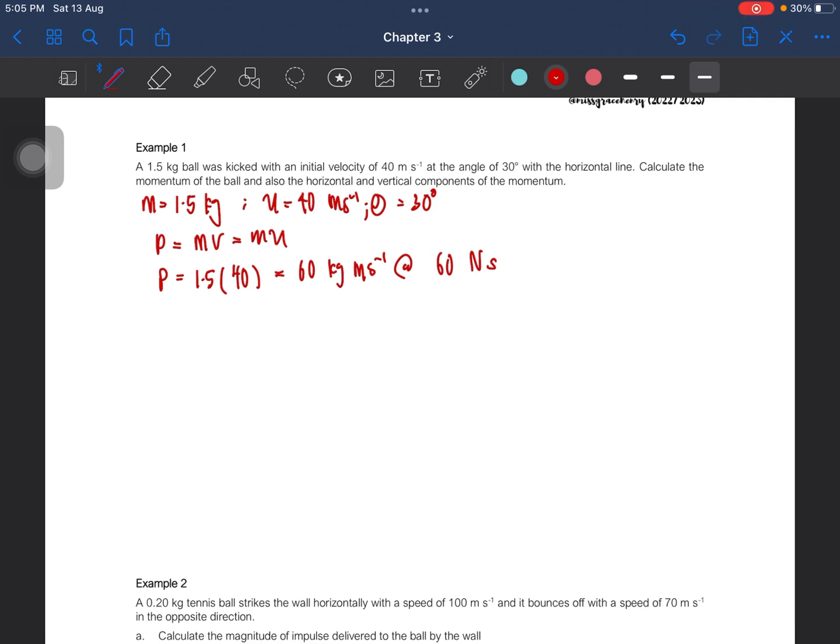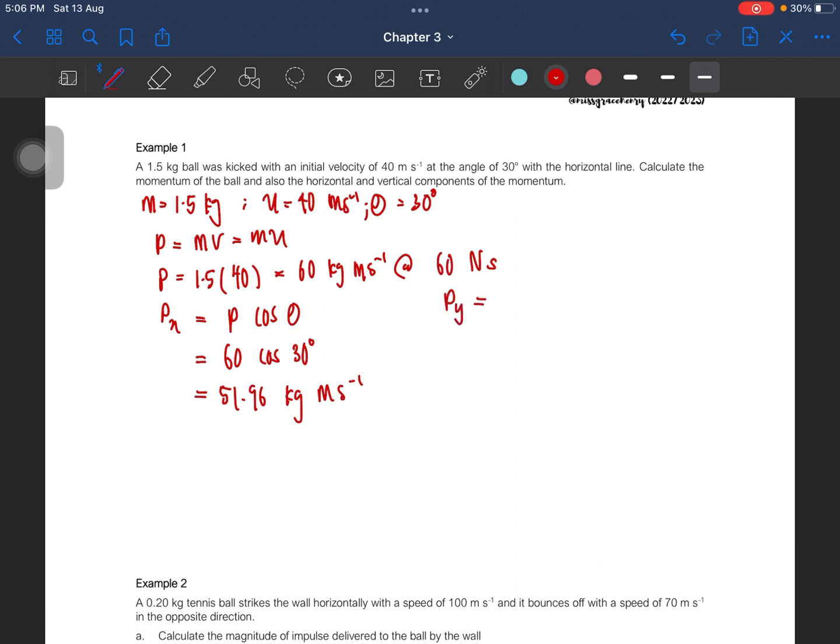We have to calculate the horizontal and vertical components. The horizontal component is P cos theta. Why is it cos theta? Because the angle is to the horizontal line, and we are looking at the horizontal component. So this is equal to 60 cosine 30 degrees, and we will get 51.96 kilogram meter per second.